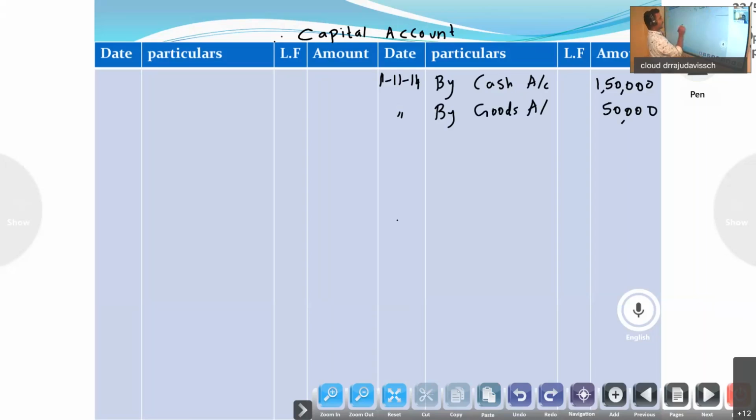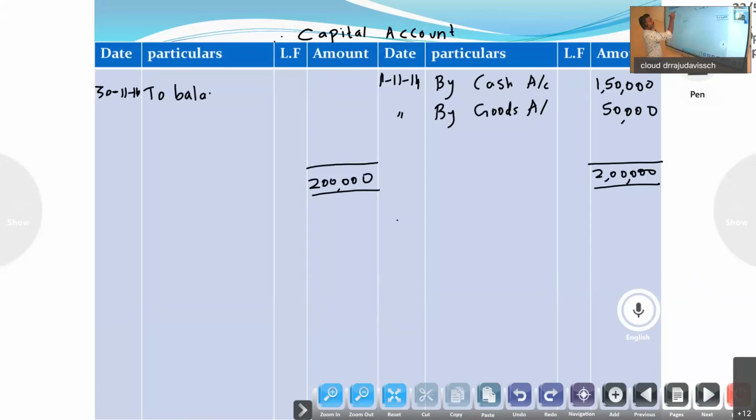Okay, so this will be the total capital, 2 lakh. So that amount you have to write on both sides, 2 lakh. On the closing date we have to write to balance c/d, 2 lakh.